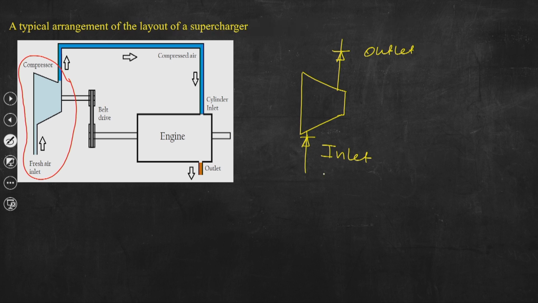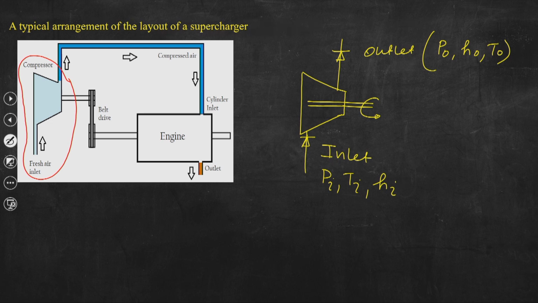Inlet pressure is Pi, temperature is Ti, or enthalpy is Hi, and the outlet quantities are Po, Ho and To. So, this compressor has a shaft, and this shaft is connected to the shaft of the engine. Okay. So, the incoming air taken from the ambience will be compressed to increase its density.